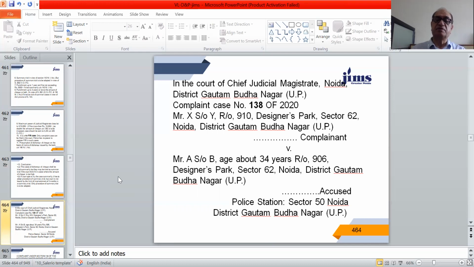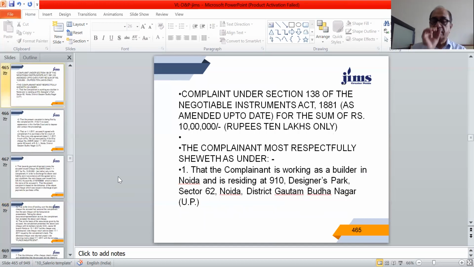He is the accused. The police station under whose jurisdiction this offense of dishonor of check was committed is Sector 50, Noida, in District Gautam Buddha Nagar. The center heading will be: Complaint under section 138 of the Negotiable Instruments Act 1881, as amended up to date, for the sum of rupees 10 lakh only.